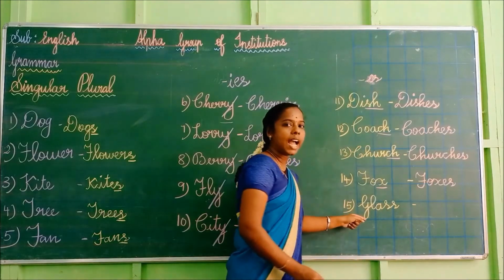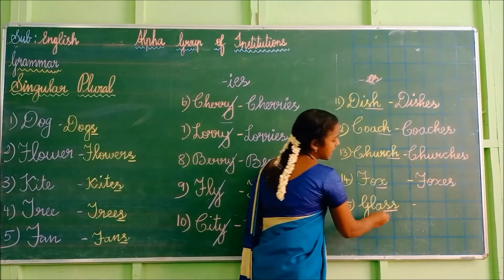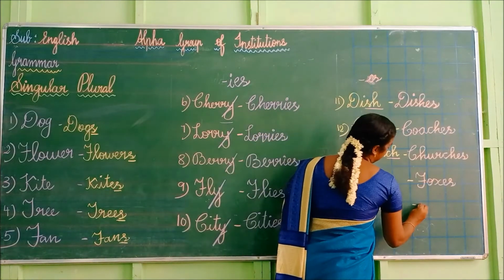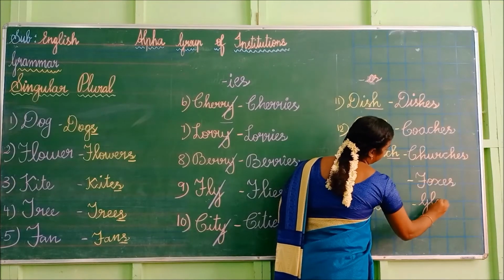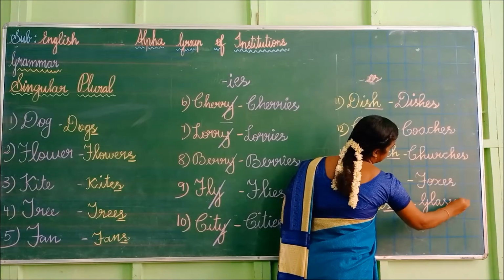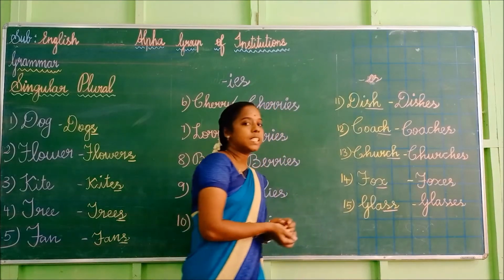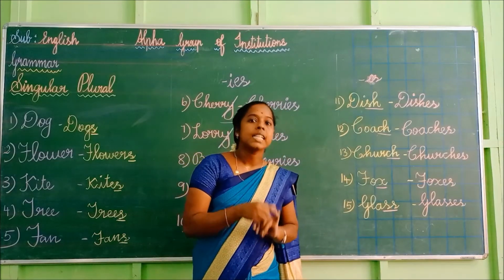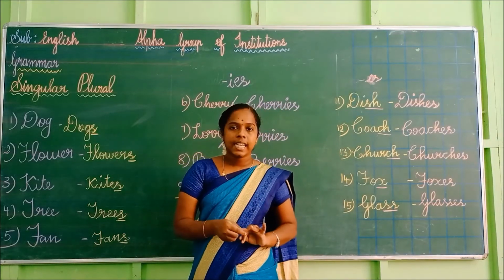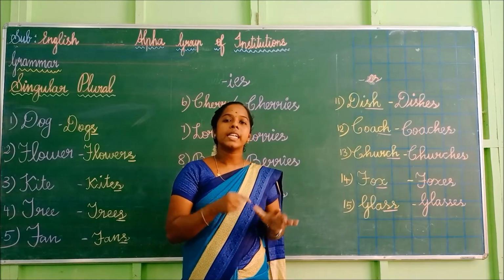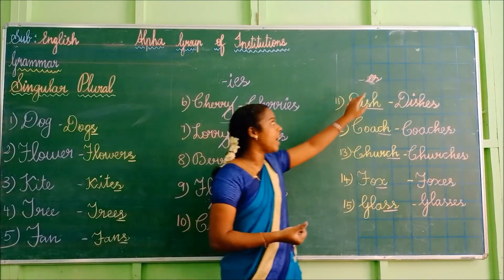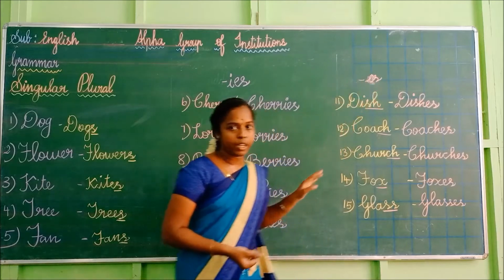Foxes. Glass. Glass ends with the letters SS. So you have to add ES. Glasses. So if the singular noun ends with S, SS, SH, CH, X or Z, you have to add ES. Have you understood, children?